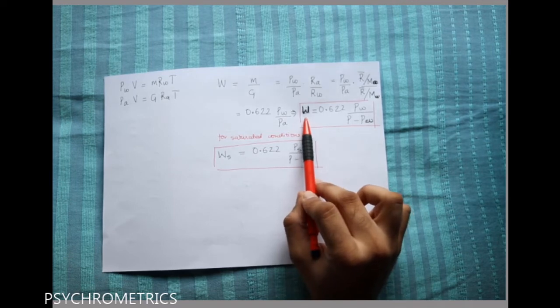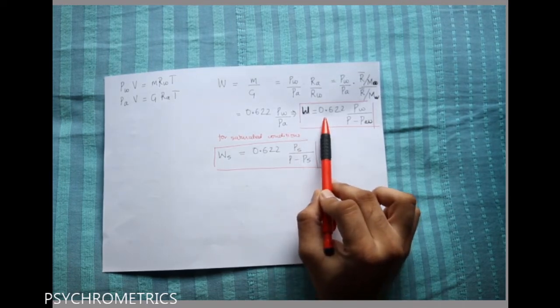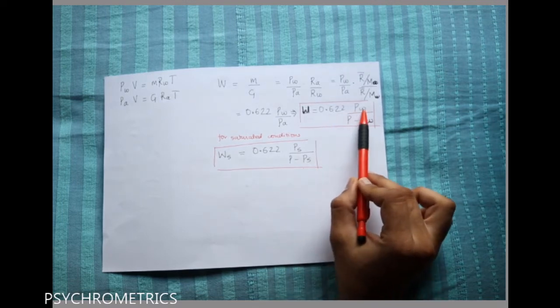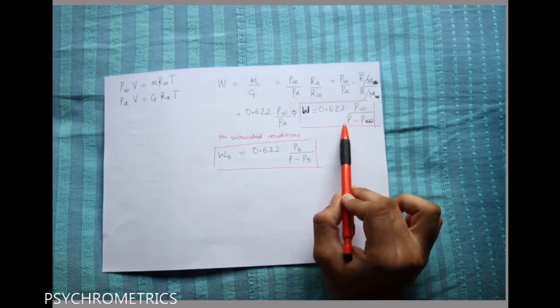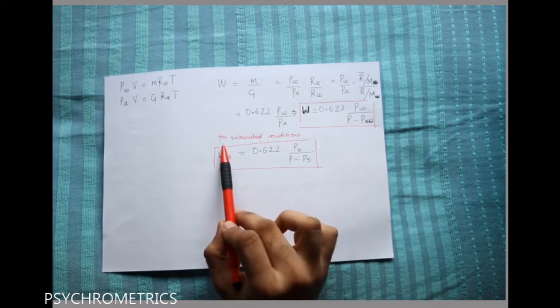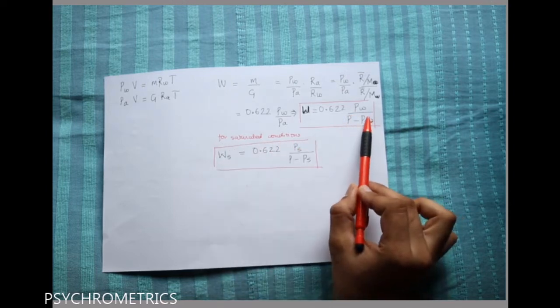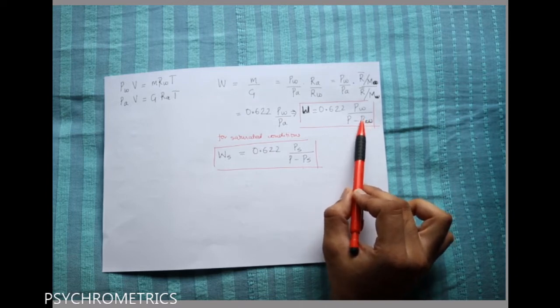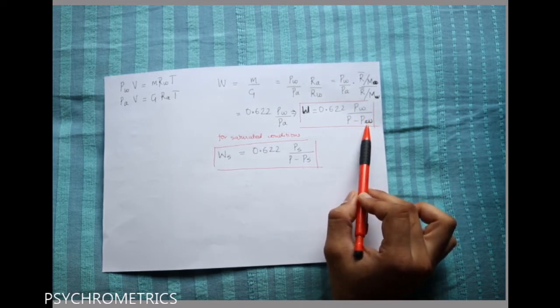So W, the specific humidity, is equal to 0.622 into PW divided by total pressure minus partial pressure of water. Again, for saturated conditions, the partial pressure of water is equal to the saturation pressure of water.